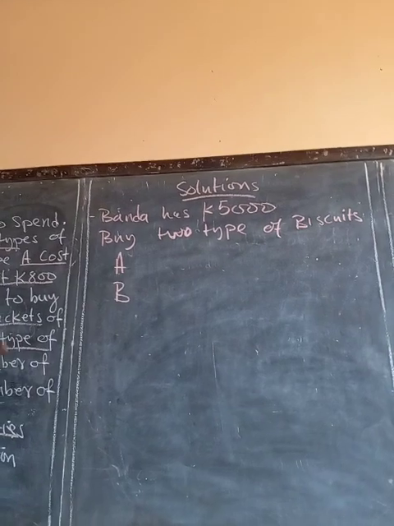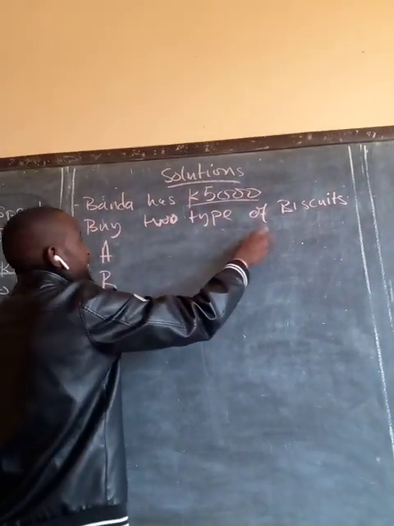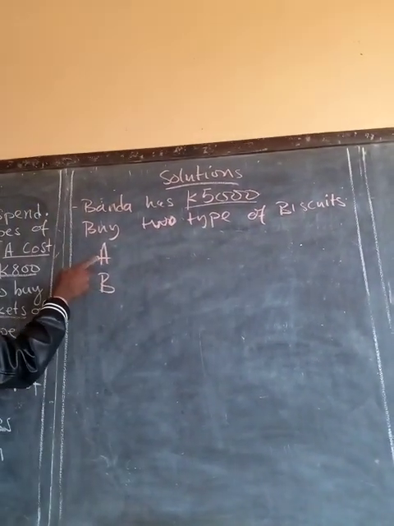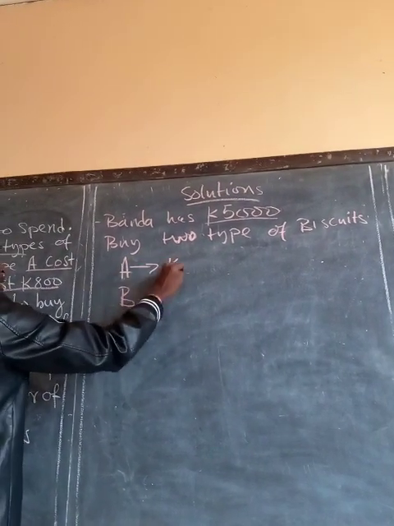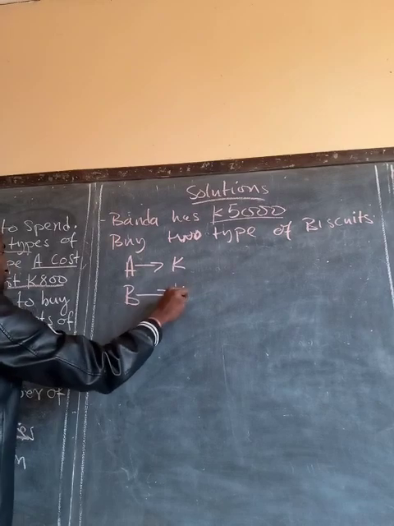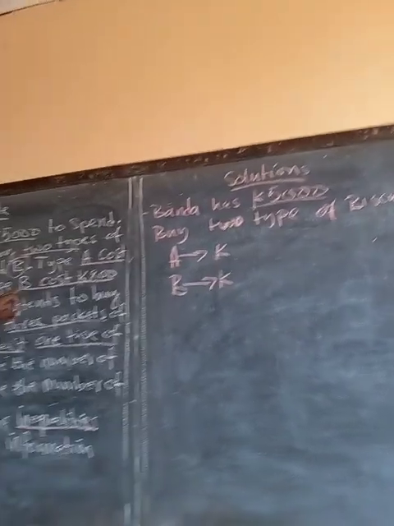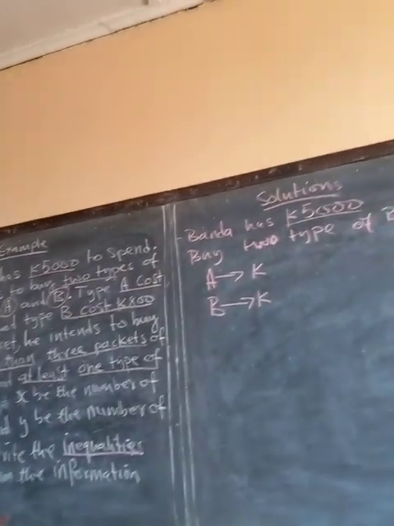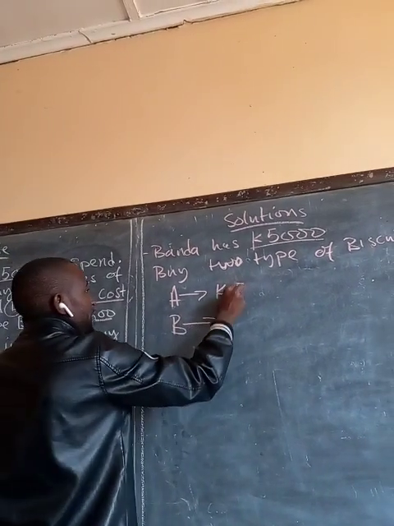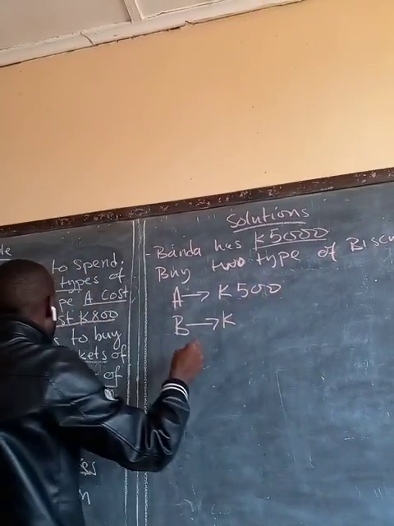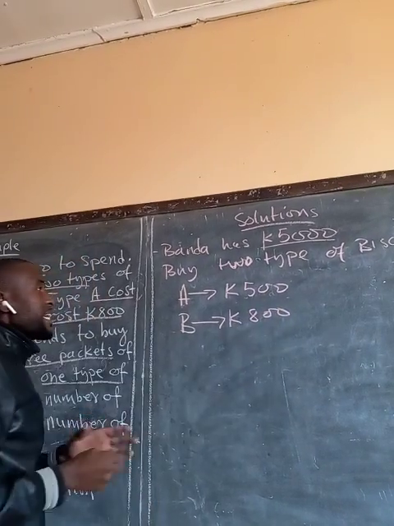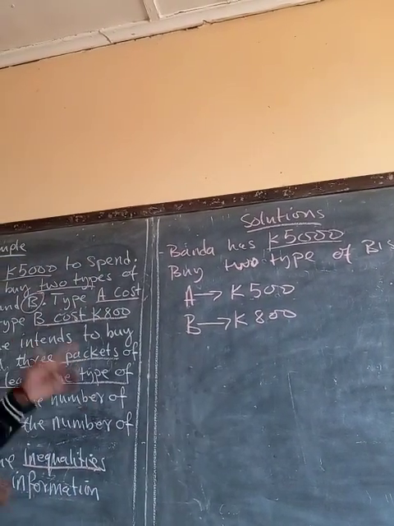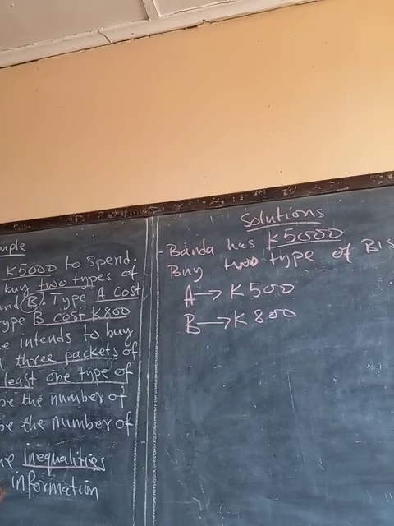So we know that Banda has 5,000 kwacha and he needs to buy 2 types of biscuits, A and B. Now we need to know how much A is costing and how much B is costing. A is costing 500 kwacha, and B is costing 800 kwacha. Already the inequality is being formulated.